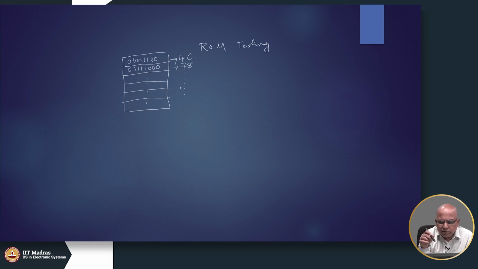So, a very simple way of testing ROMs is what is called the checksum method. So, we treat these as numbers. So, 4C in hexadecimal can be treated as a number, 78 in hexadecimal can be treated as a number, and we can find the checksum, right.